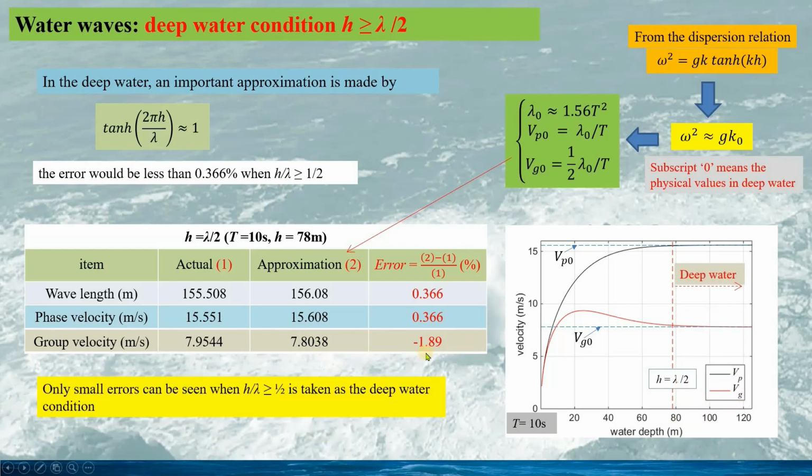So again, this approximation is very accurate for these parameters, and especially good for engineering applications. As such, we can assume that when the water depth is equal to or larger than half of the wavelength, the water depth can be regarded as deep water.